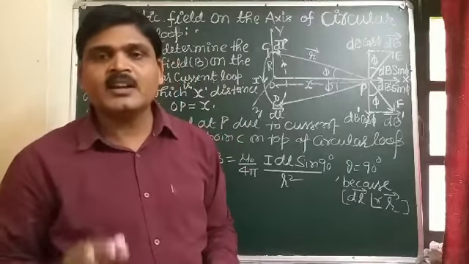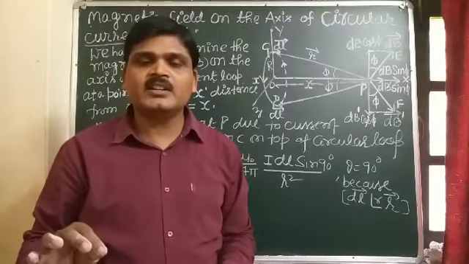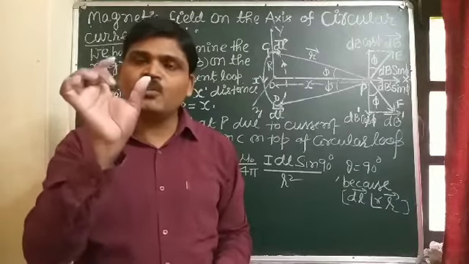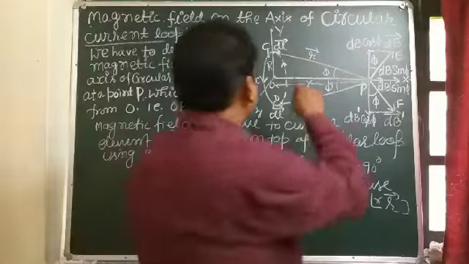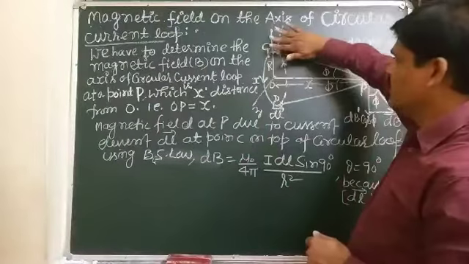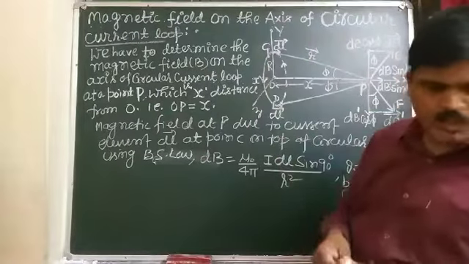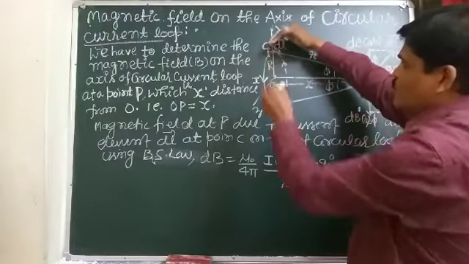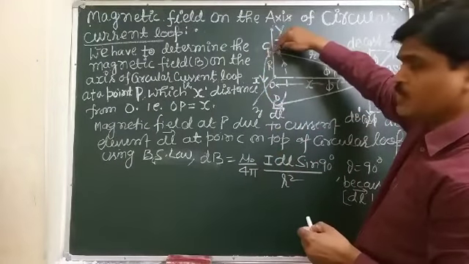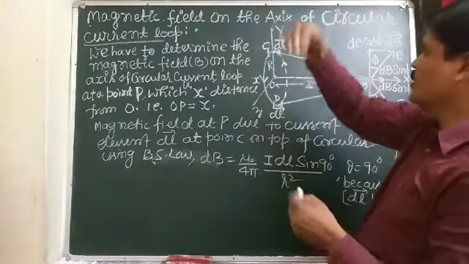I have already explained to you that the direction of the current element is along the tangent to the element. If you draw a tangent here, at the point C the current is coming outward.